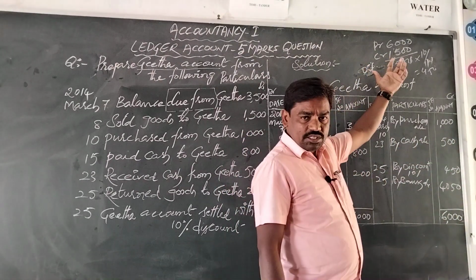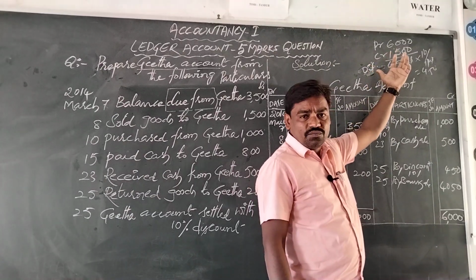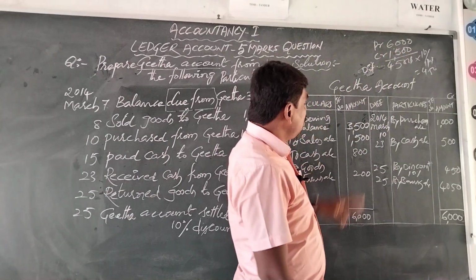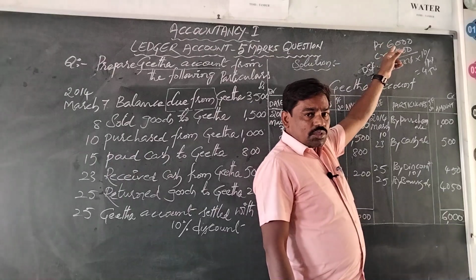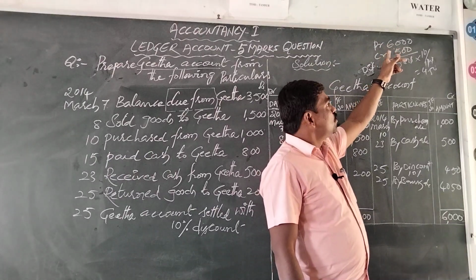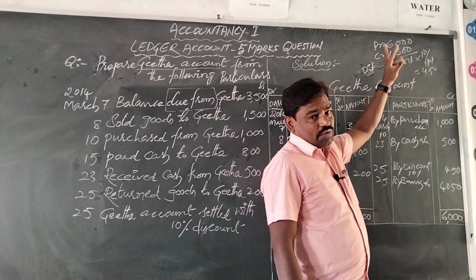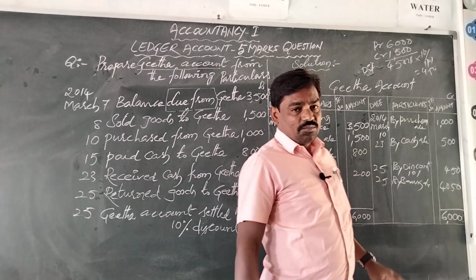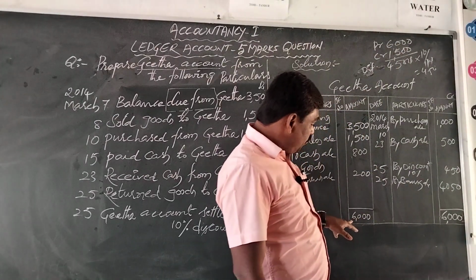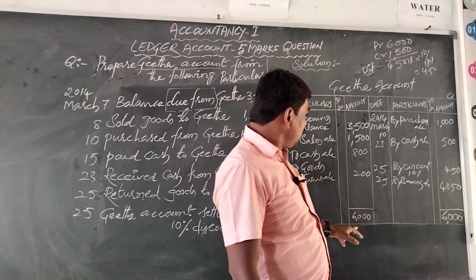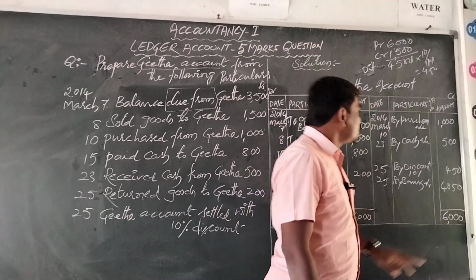Debit amount is rupees 6500, credit amount is rupees 1500. After calculating the total debit and credit amounts in the working notes, find out the highest value. The highest value is the debit amount. That can be taken on both sides of the account in the amount column, 6000.